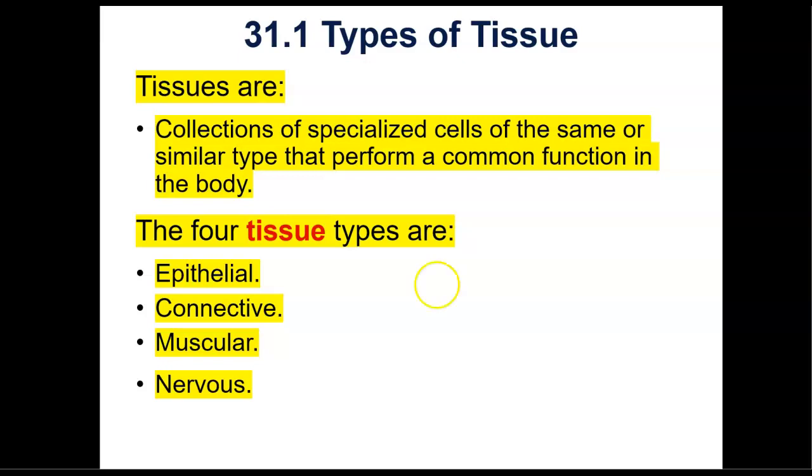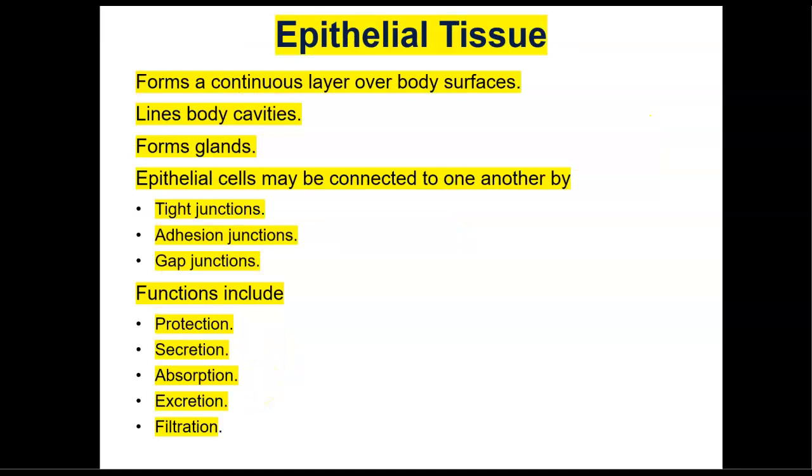So the 4 tissue types are, and we will spend more time on the first 2, epithelial, connective, muscular, and nervous tissues. We're going to start with the first tissue type, epithelial tissue. Epithelial tissue forms a continuous layer over body surfaces.